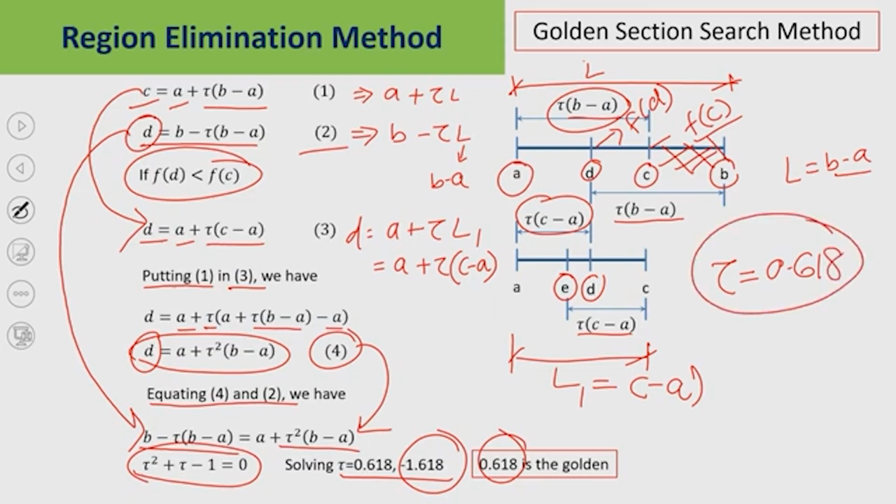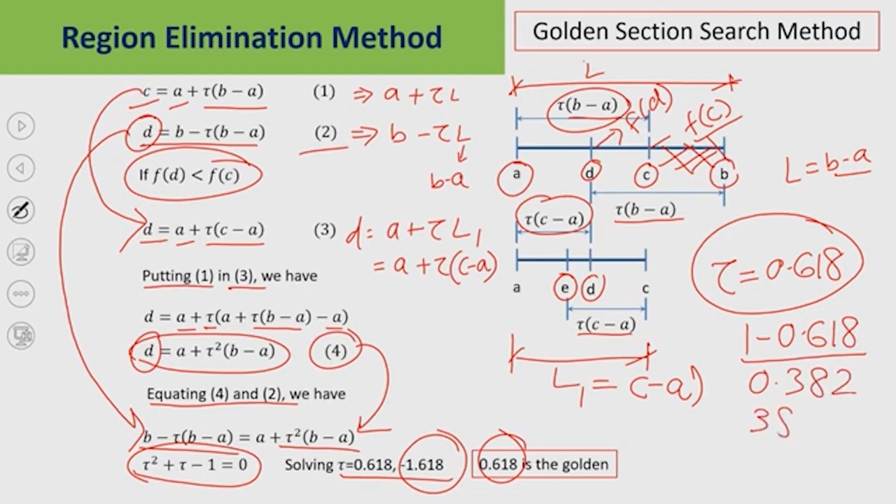0.618, then in every iteration how much area can you eliminate? You can eliminate 1 minus 0.618, which is equal to 0.382. Okay.